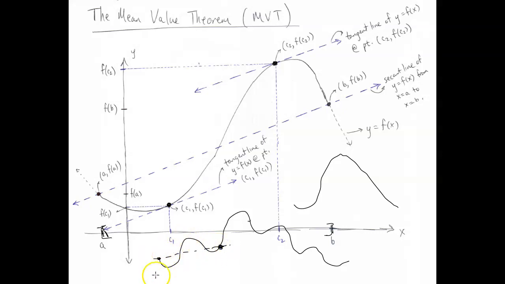If we wanted to see what the average change would be, one of the things we could do is look at what the slope of the tangent lines would be at this point and at this point.